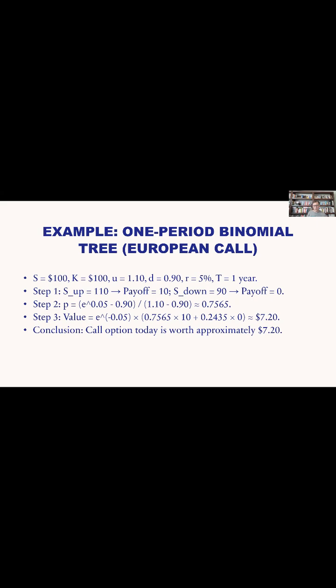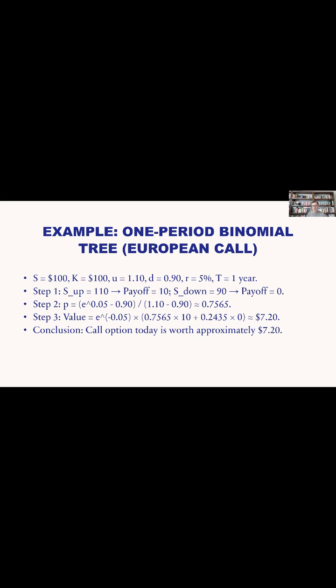Now we know what the interest rate is, and we're going to use that as a discount factor. What I mean by discount factor is how we discount it back to time zero, which is our present time. First of all, we need to calculate P. Before we discount, we need to calculate P because that gives you the weights for the upward part of the tree and the downward part of the tree.